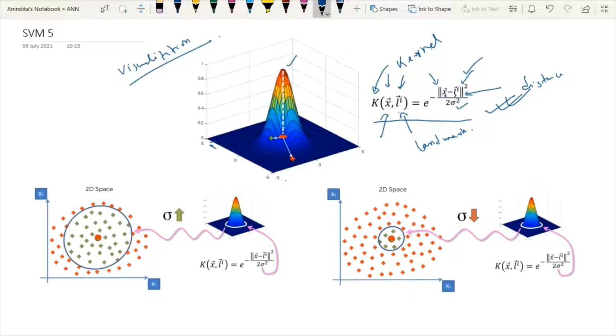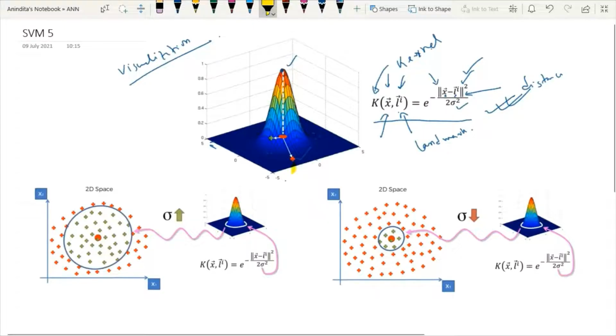Now let's start analyzing this. What is this landmark? If you go to the top and come down over here, this red point is the landmark. Say we have created one landmark at the bottom of this plot. The landmark is the place from where we are measuring the distance.